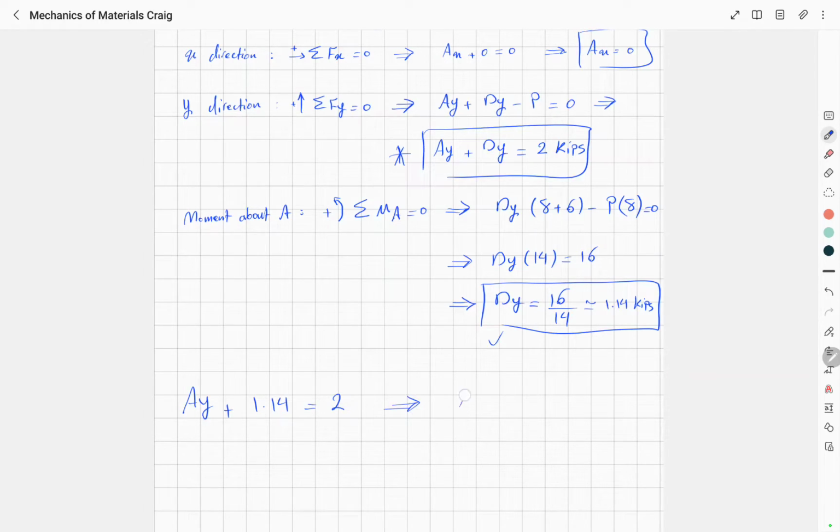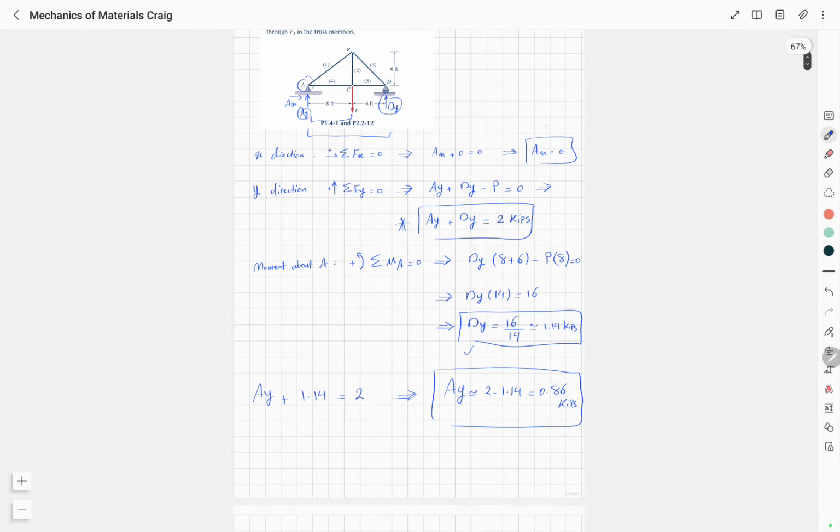So we can determine the value of AY, which is 0.86 kips. So we have all our reactions, AX, DY, and AY. Now we can determine the forces in each member, and I'm going to explain how.